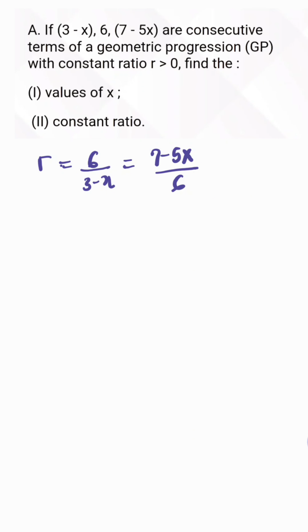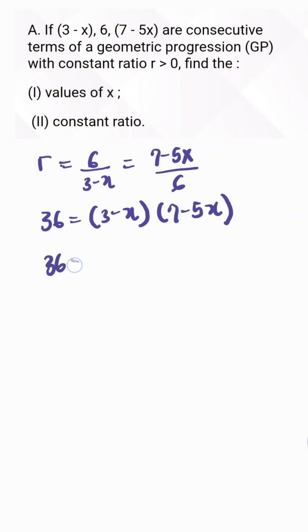By doing this, then we can cross multiply. Cross multiplying here, we have 6 multiplying 6, which is 36, equals 3 minus x multiplying 7 minus 5x. Now here we have 36 equals 3 times 7 gives 21, minus 3 times 5x gives 15x, minus x times 7 gives negative 7x, plus x times 5x gives what?